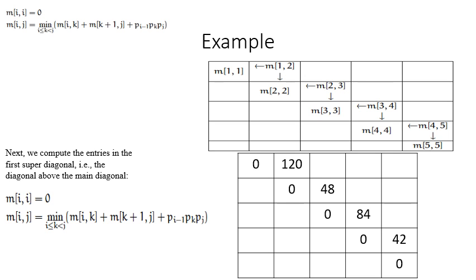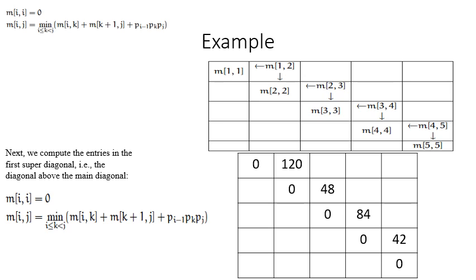Next we compute entries in the first super diagonal, that is the diagonal above this main diagonal. See here we can have one value of k, like this is m of 1 to 2. So the value of k can be 1. We have filled this equation with k equals 1, and it gives us the value of 120.